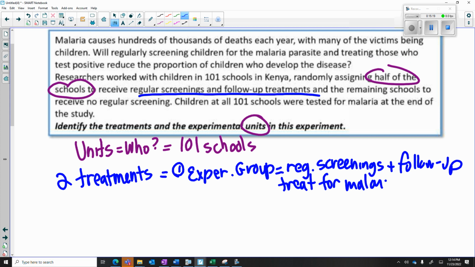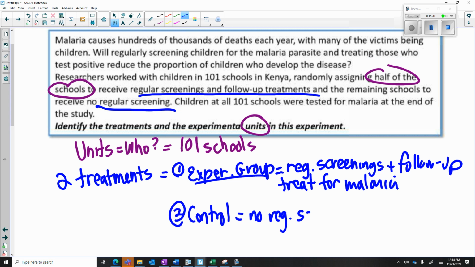And then the other group is going to be called the control group, and they're going to get nothing, no regular screenings. So we want to compare the treatment group, the ones who are actually getting the screenings and the treatment, to the other group in order for us to conclude the results, okay?